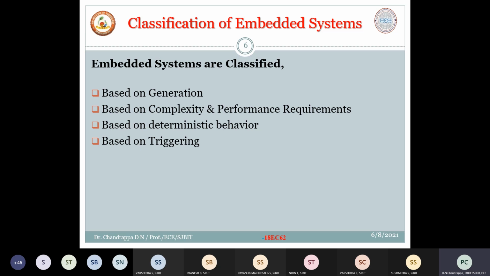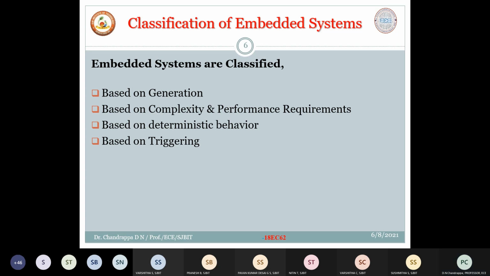One is with respect to the generation: first generation, second generation, third generation, and fourth generation. The second is with respect to complexity and performance: small scale, medium scale, large or complex.